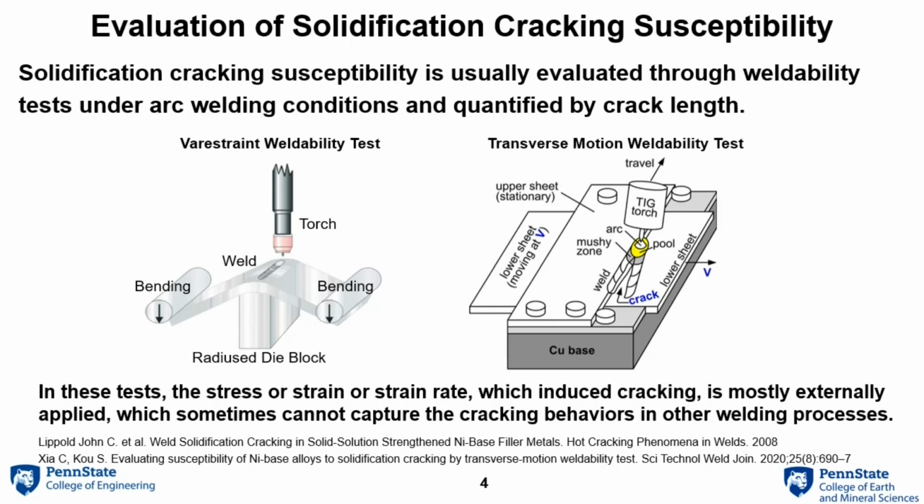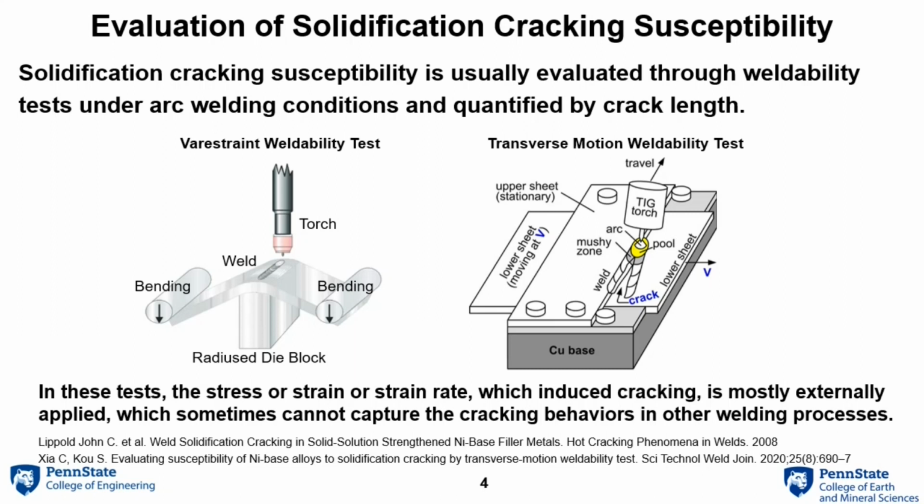Solidification cracking susceptibility is usually evaluated through weldability tests, which are mostly performed under arc welding conditions, and the susceptibility is usually quantified by the crack lengths on the top surface of the weld. For example, in a very stringent weldability test, during the welding process, there is a bending process acting on the substrate, which induces stress or strain rate to the weld, and we can see how the alloy resists cracking or not.